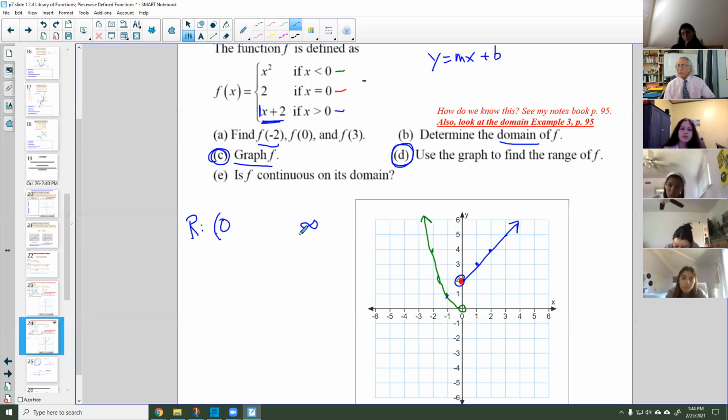Now, this is where it gets a little bit tricky, and you have to watch the graph very carefully. Are there any gaps in y values here? You know, when we were doing the domain with the number line, where was it?